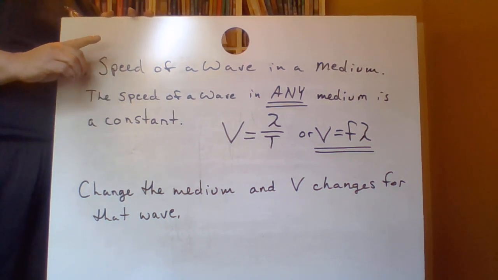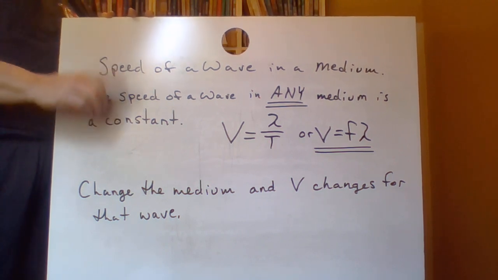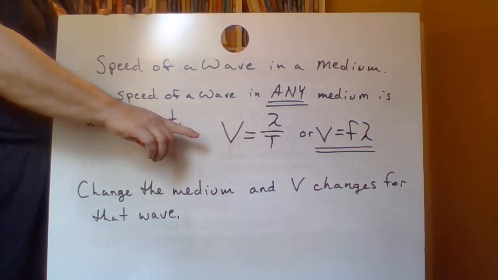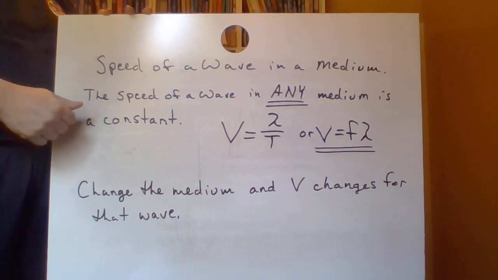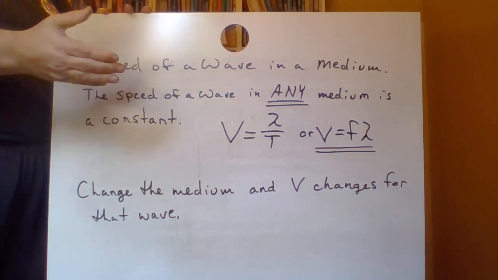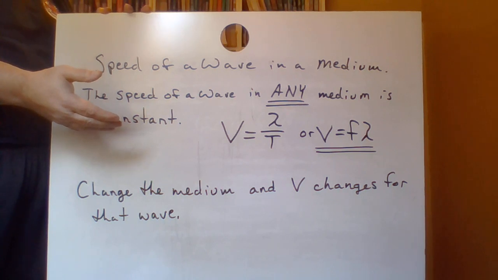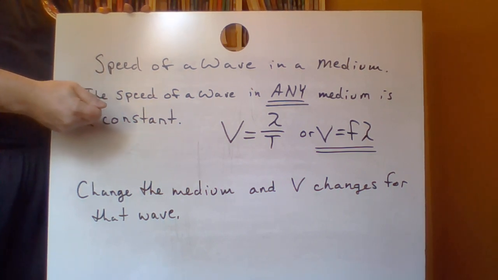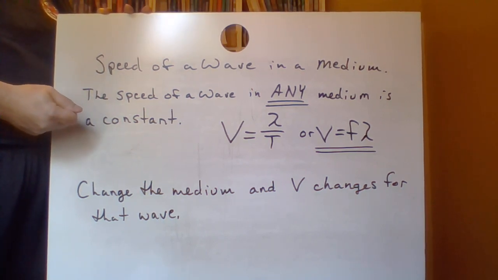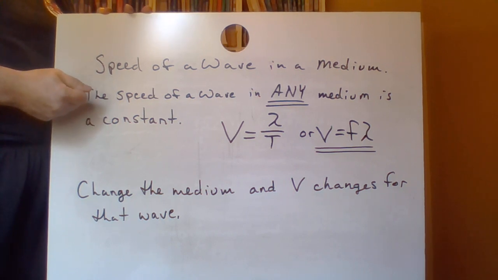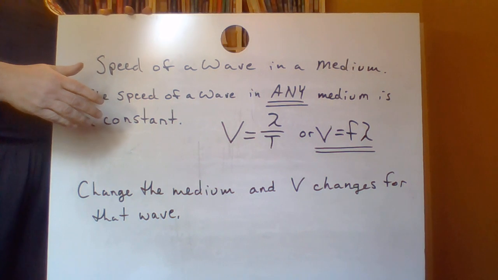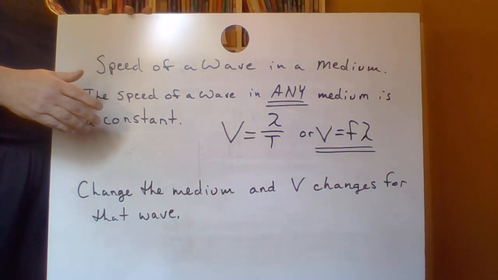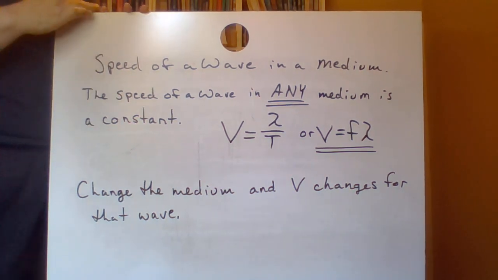Change the temperature of the air, and you're going to change the speed of the wave. If you're using some other physical medium, say a solid, say steel, and you put that steel under a lot of tension, you can actually speed up how quickly the wave moves through that. If it's not under a lot of tension, it slows down.